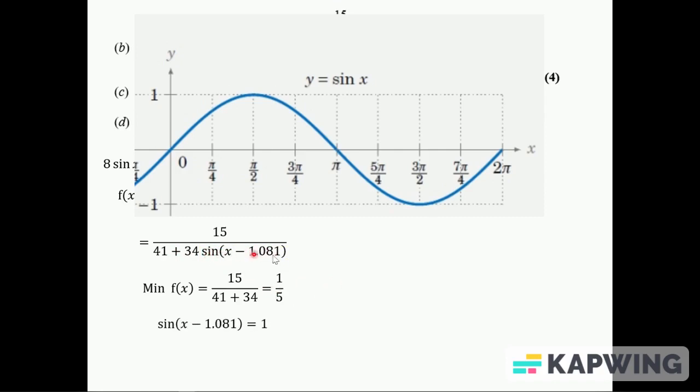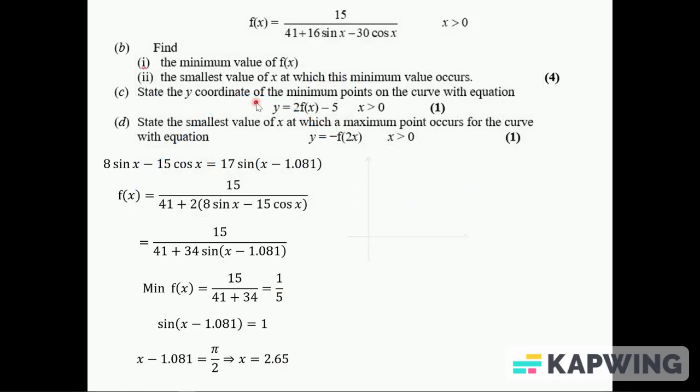It occurs, like I say, when the sin of x minus 1.081 is equal to 1. And that's here where x minus 1.081 is pi over 2, giving me x is 2.65. And then it says state the y coordinate of the minimum point of the curve with that equation.